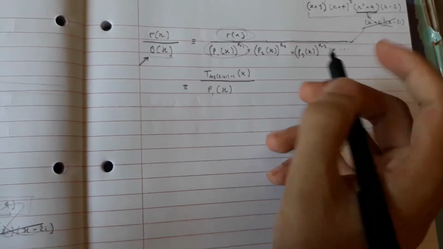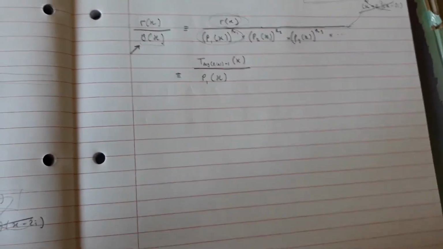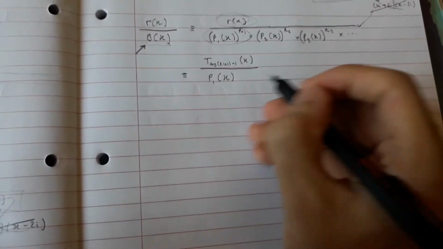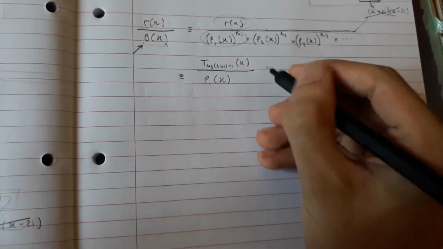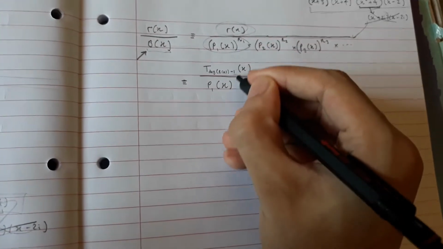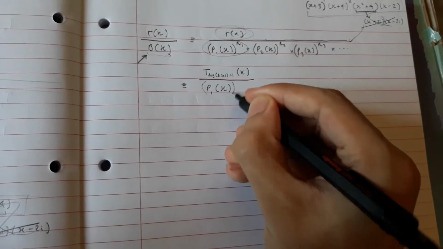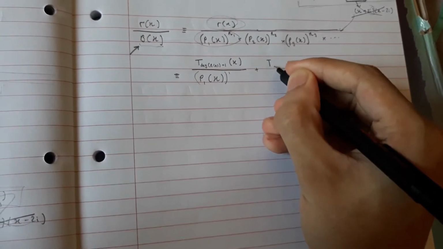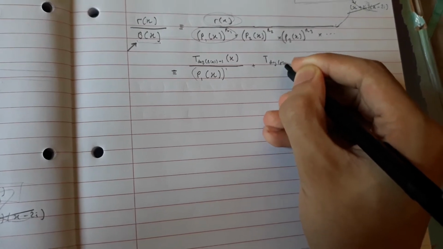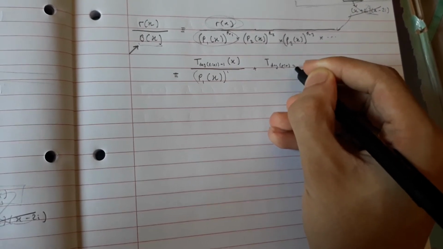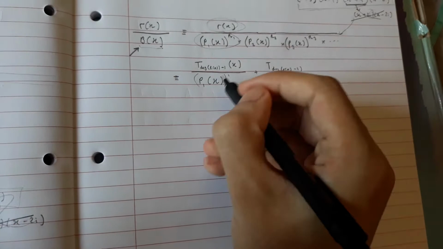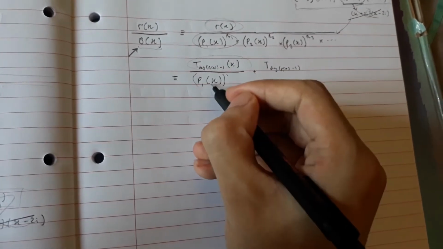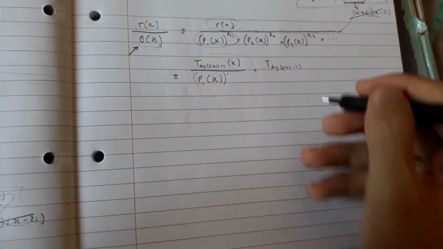Okay, this is quite symbolic, but hopefully at least one person is following along. So that's our first term. Notice how this is all to the 1. Then we have t of degree of p1 of x minus 1. So the degree of this template is going to be 1 lower than the degree of the polynomial on the bottom there.